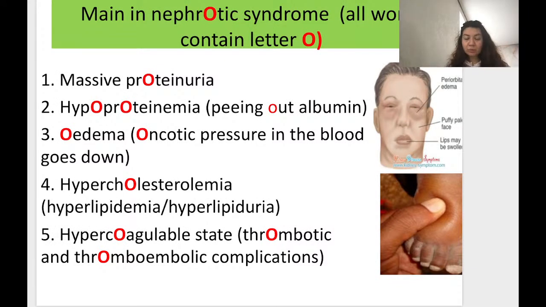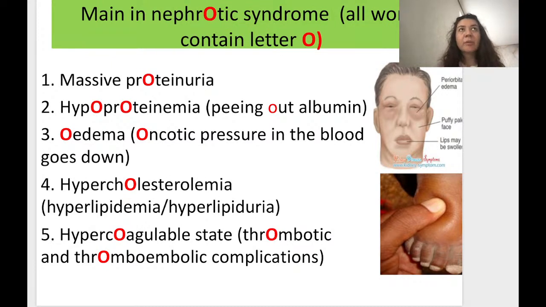Okay, and let's one more time name the main things in nephrotic syndrome. And here we have a main letter, it is the letter O. You saw in the first part of the lecture that we have two urinary syndromes that differ in just one letter, nephrotic syndrome and nephritic syndrome.